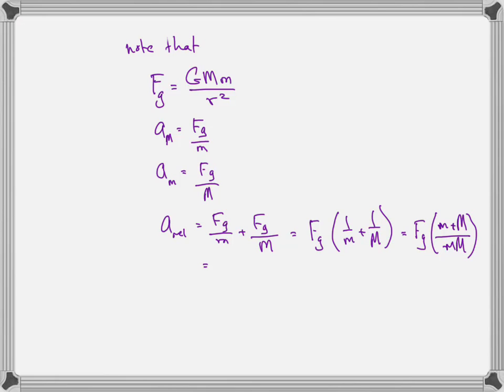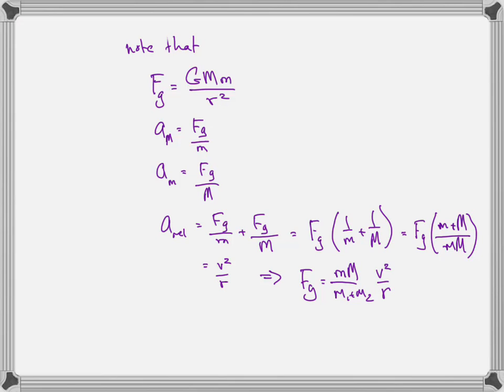And that relative acceleration is v squared over r. And it is the speed that, sitting on one of them, the other looks like it's moving, divided by r, not the speed relative to the center of mass, which are v1 and v2. And so therefore, F sub g is equal to little m big M over m1 plus m2 times v squared over r.